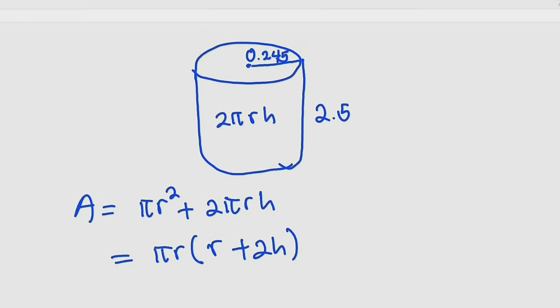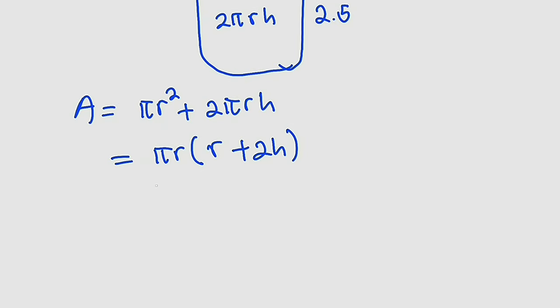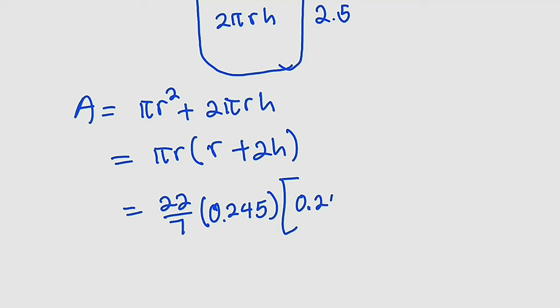Then we can substitute. Remember, they say we should take pi as 22 divided by 7. So this is equal to 22 divided by 7 multiplied by r, which is 0.245. Then multiplied by another radius 0.245 plus 2 multiplied by h, which is 2.5.